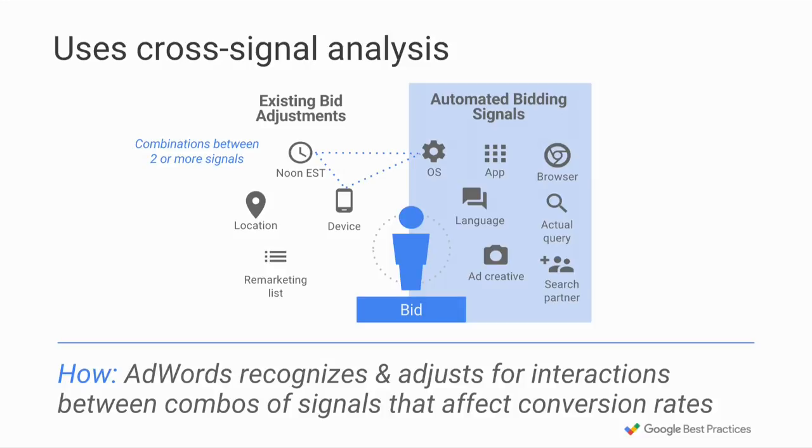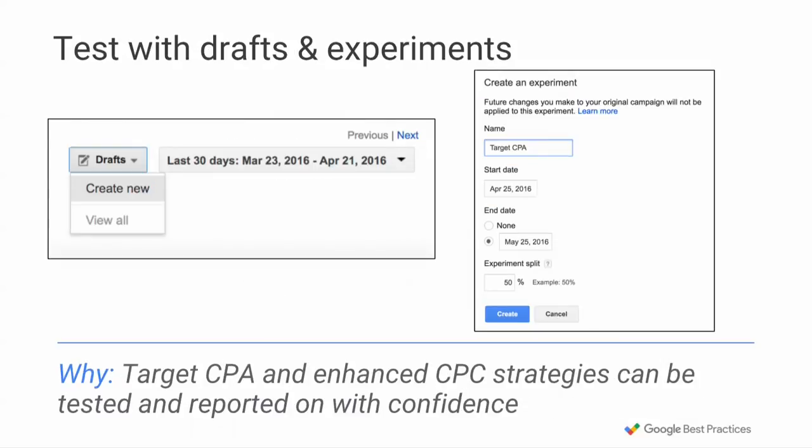So for example, AdWords Smart Bidding is able to determine if, let's say, a user in Toronto on their mobile device during lunch at noon has a higher convertibility than somebody in Chicago who may be on their desktop at 4 p.m. And so you can imagine having to do this manually on your own is a lot more cumbersome. So AdWords Smart Bidding really does the work for you.